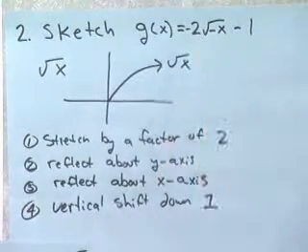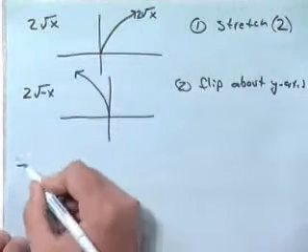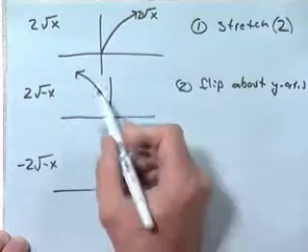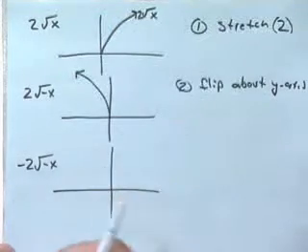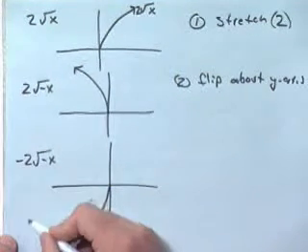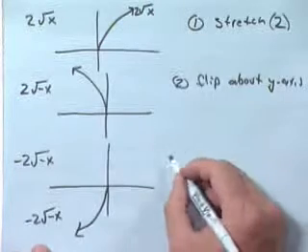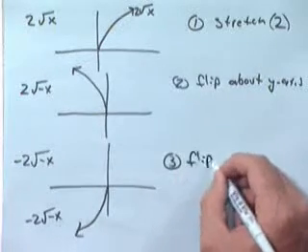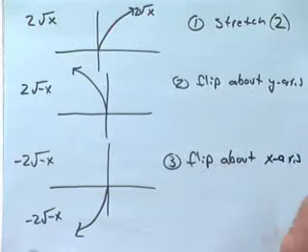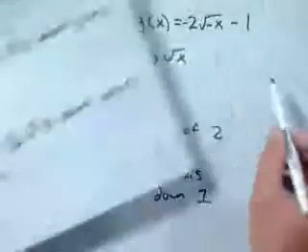That's this negative out in front. So it's going to take this function and it's going to flip it about the x-axis. Okay, so that's the third thing we did. Flip about x-axis.